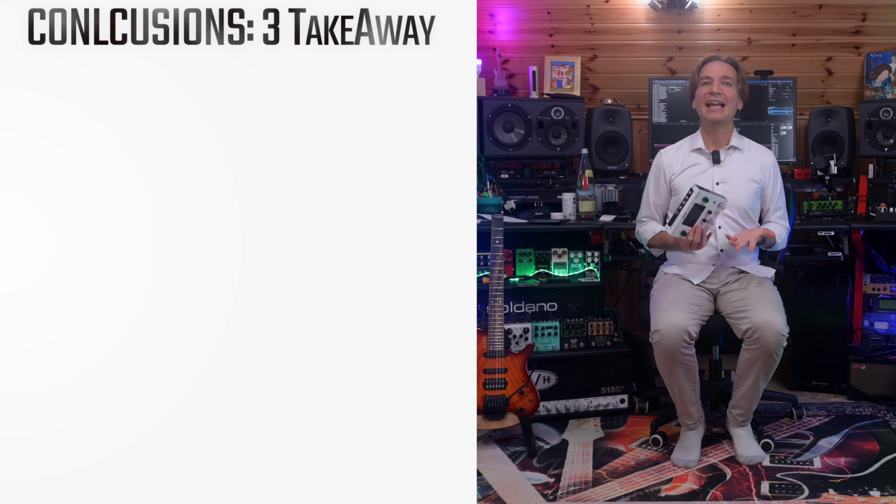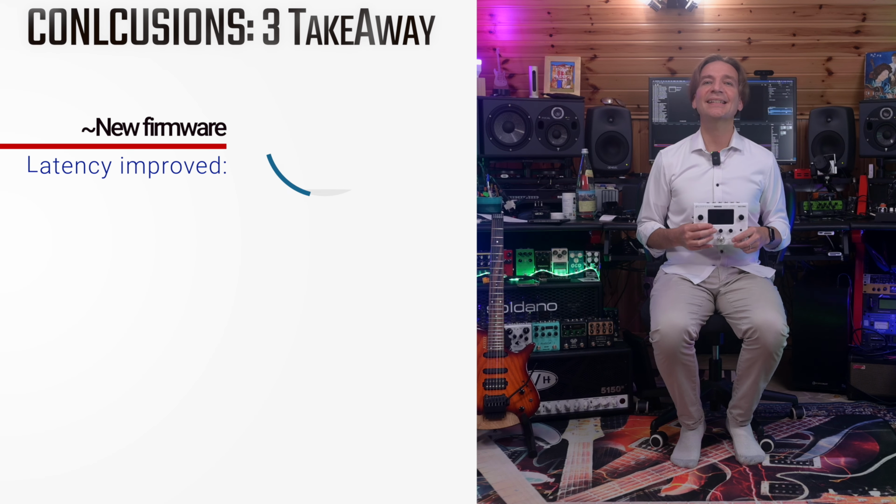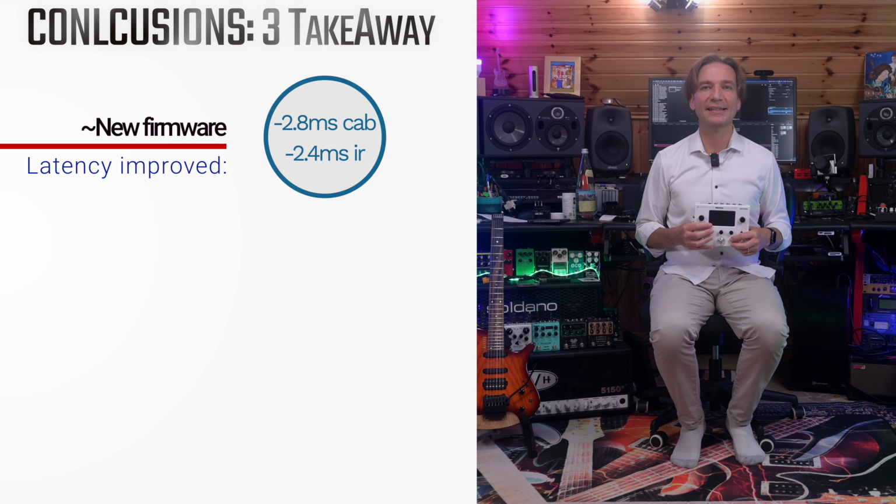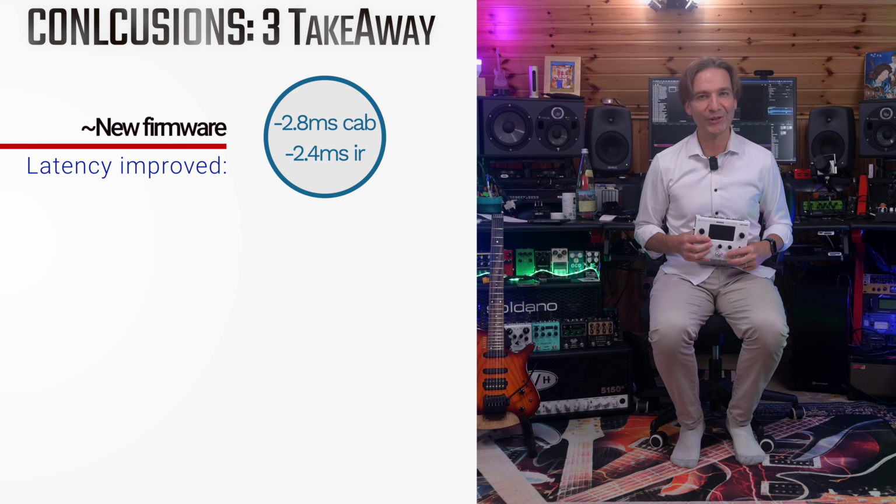In conclusion, I would summarize this test with 3 takeaways. First of all, I'm pretty happy and proud of our community, as I think that the new firmware of the Ampero 2 is a consequence of our previous latency test, and testifies that Ampero is listening and is able to extract value from our videos and your comments and opinions.